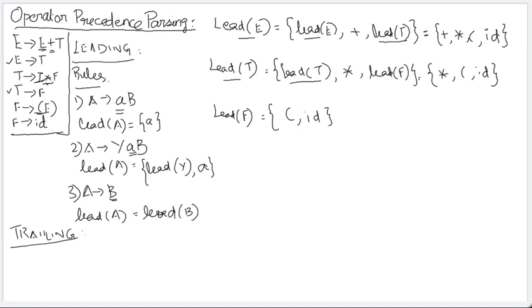Trailing value means you have to look at the last element in the RHS of your production. So the first possibility is the last element could be a terminal symbol, like B and small a. So here the last element, the trailing value, is a terminal symbol. So simply you can write the trail of A is small a.